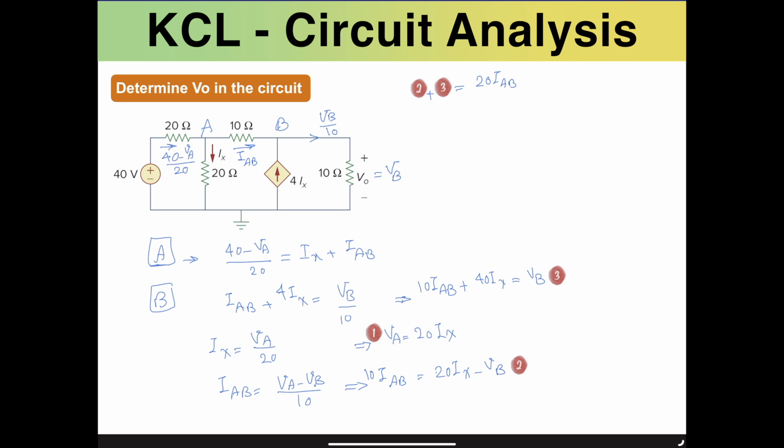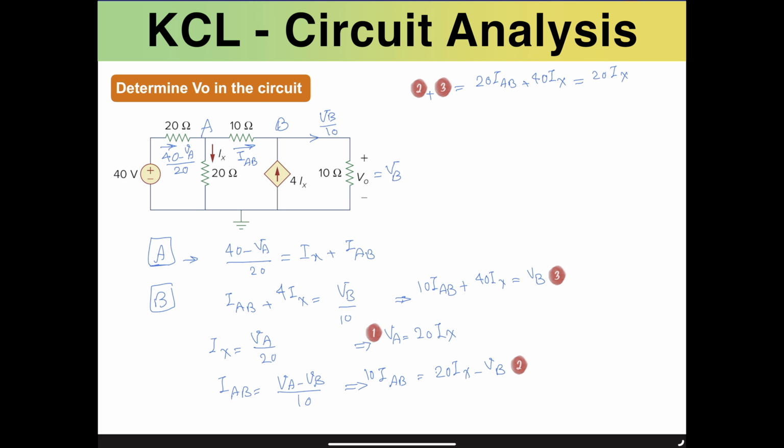And we have 40 Ix on the left side. On the right side, we have VB and minus VB, so we can easily cancel them out. Then what is left on the right side is only 20 Ix.